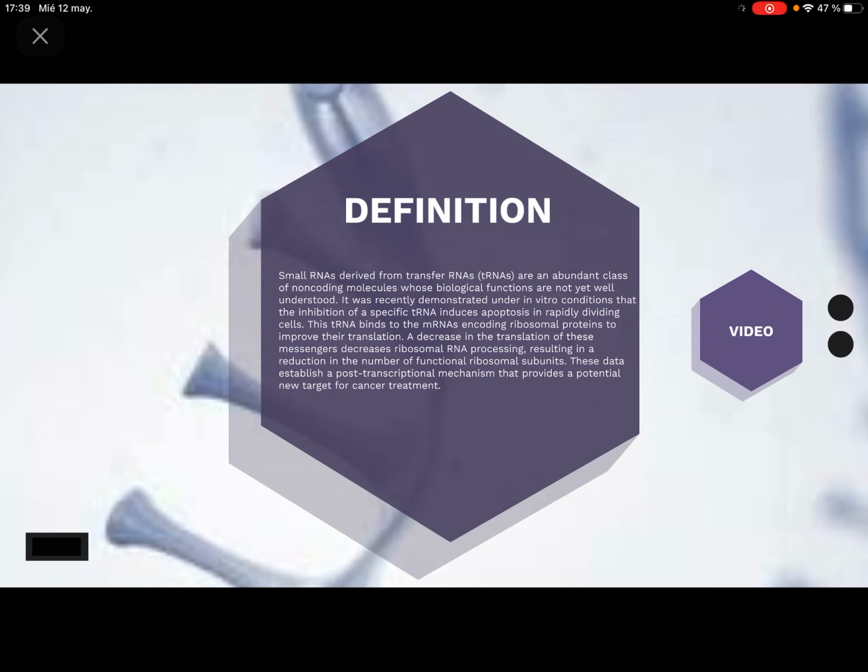This tRNA binds to the mRNAs encoding ribosomal proteins to improve their translation. A decrease in the translation of these messengers decreases ribosomal RNA processing, resulting in a reduction in the number of functional ribosomal subunits. This data establishes a post-transcriptional mechanism that provides a potential new target for cancer treatment.